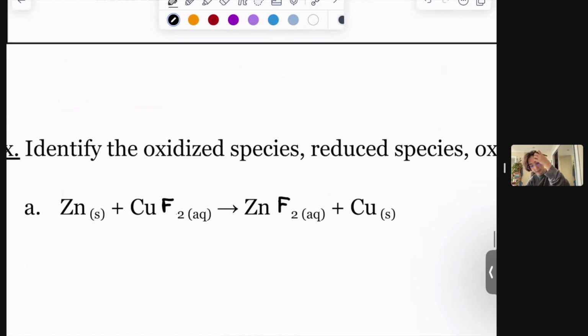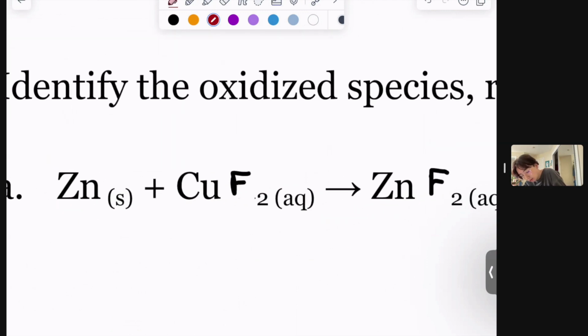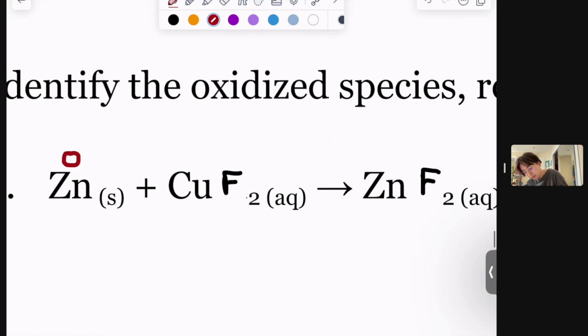Okay, so try it on your own first. Can you identify the thing that's being oxidized, the thing that's being reduced, and then the oxidizing agent and reducing agent? So first things first, always assign your oxidation numbers. Things that are alone always have an oxidation number of 0.